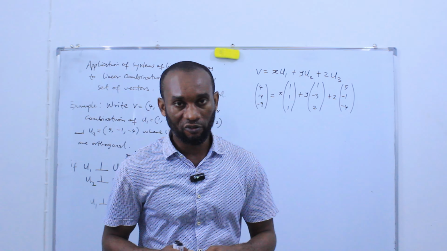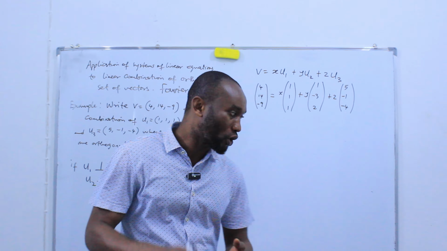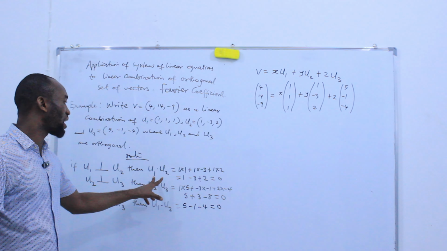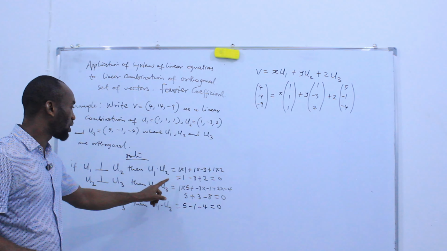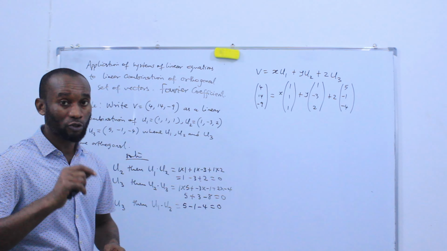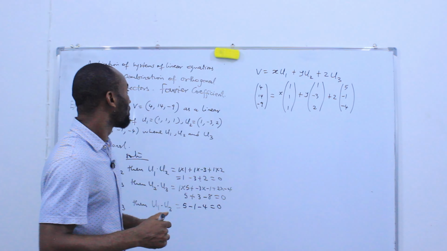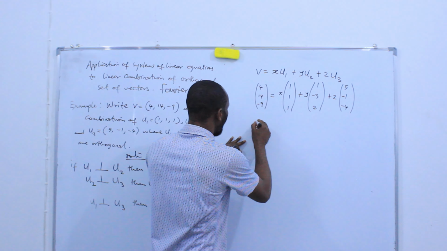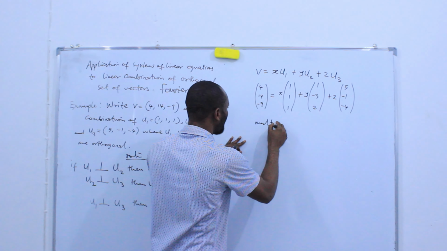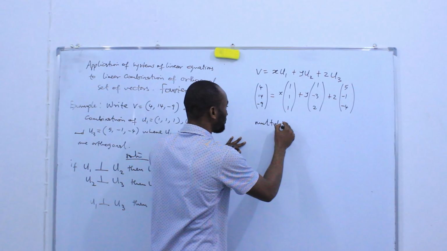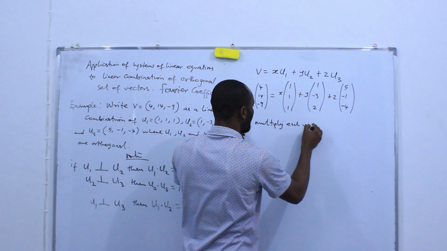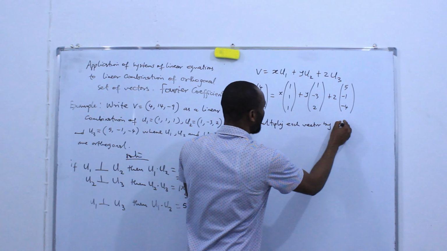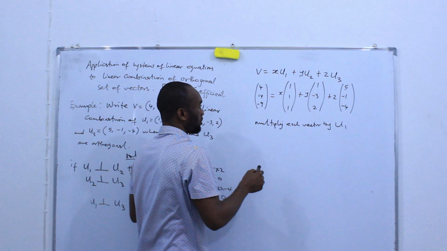But I want to make it faster using the notion that if u1 and u2 are orthogonal, their dot product will give me 0. So if I multiply each vector by u1, okay?